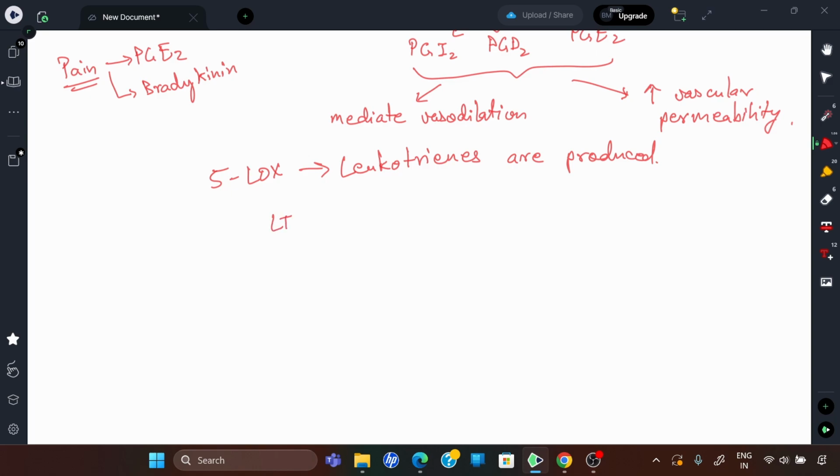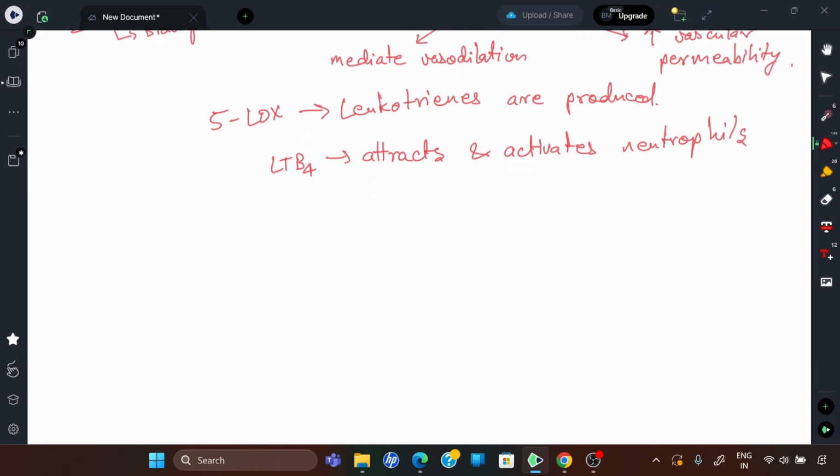The first one is LTB4, right? What LTB4 does is that it attracts and activates neutrophils. So the leukotriene B4 attracts and activates neutrophils.